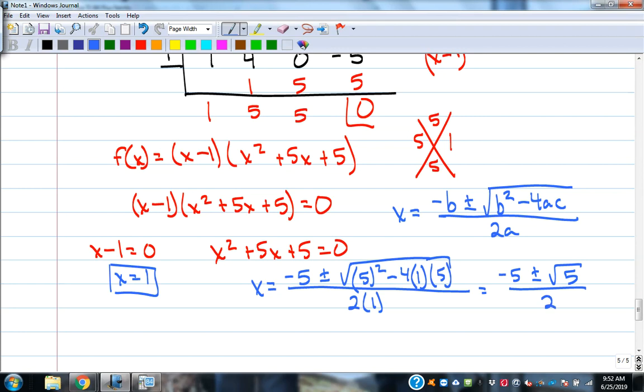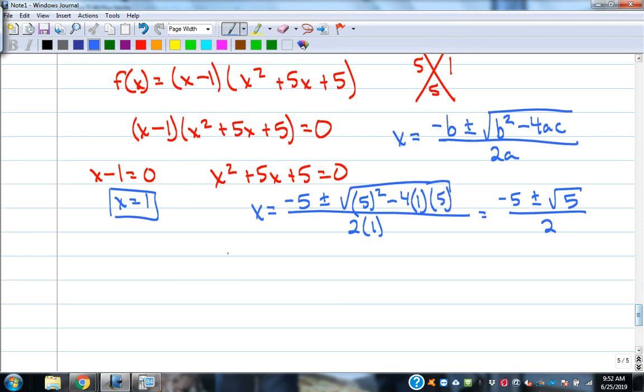And square root of 5 doesn't simplify any. Okay, so that tells us that I have two solutions. I got negative 5 plus the square root of 5 over 2, and I have negative 5 minus the square root of 5 over 2.